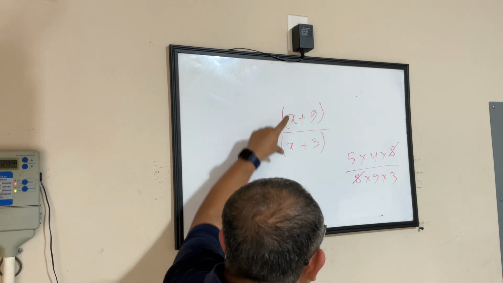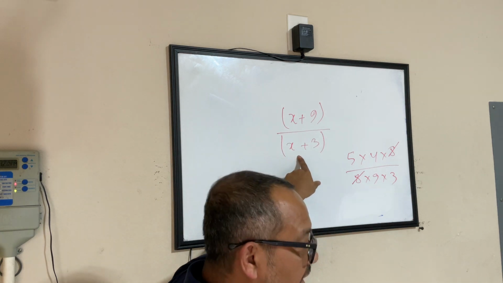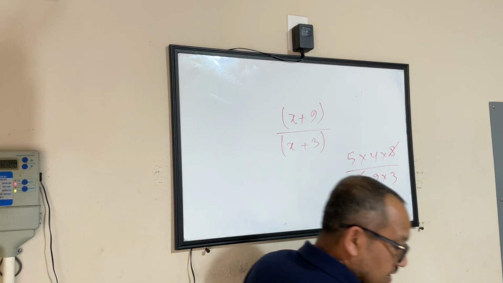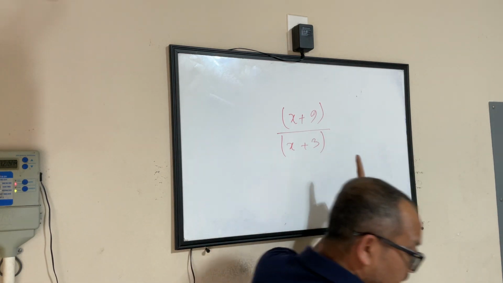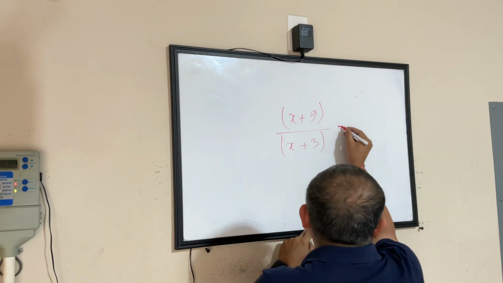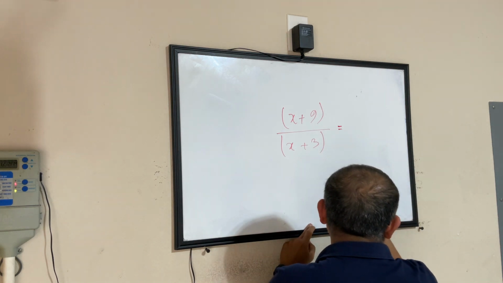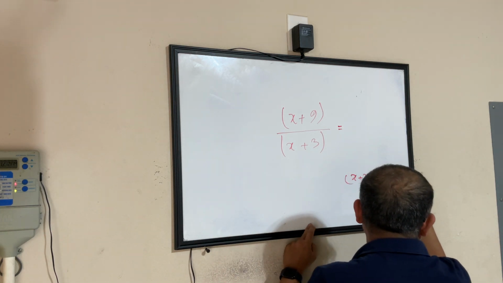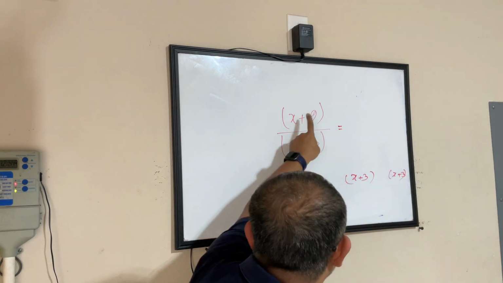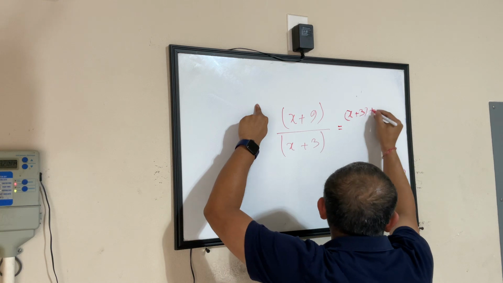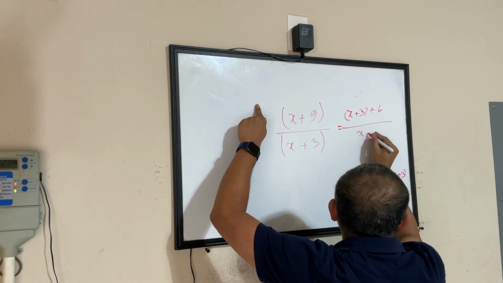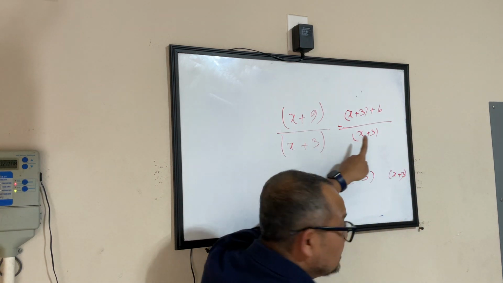So here, when you have a plus or minus sign in the numerator or denominator, you will not be able to do any tic-tac-toe or any calculation right now. What you can do: x plus 3 will be only equal to x plus 3, nothing else. What it means is x plus 9, I can say x plus 3 plus 6. This still is okay.